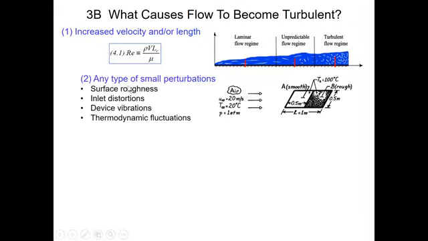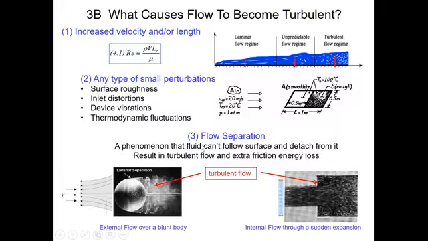The second cause is the small perturbations. It could be surface roughness or device vibration. For example, if flow passing over a rough surface, the surface roughness could trigger the laminar flow to become turbulent.